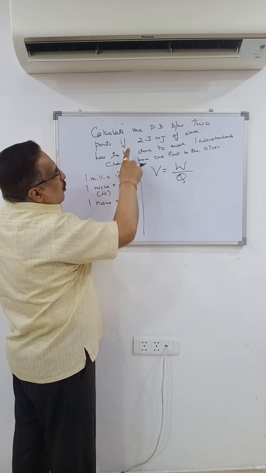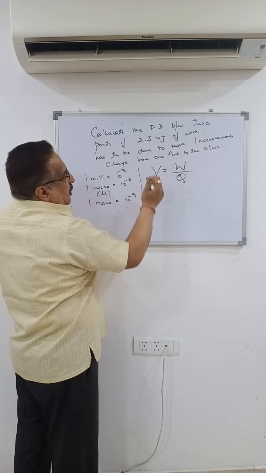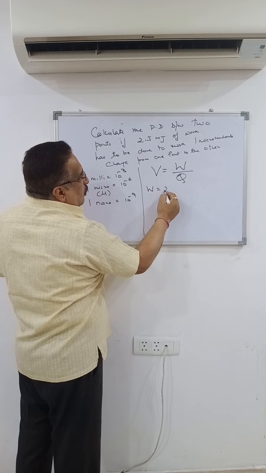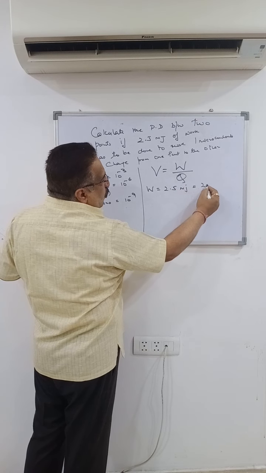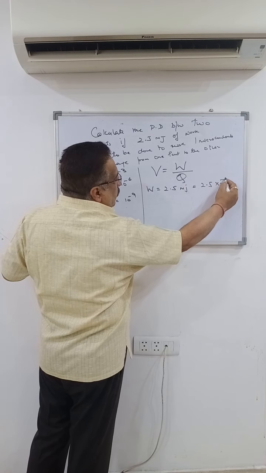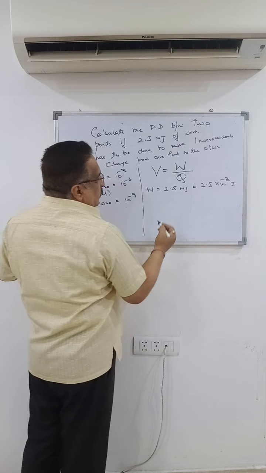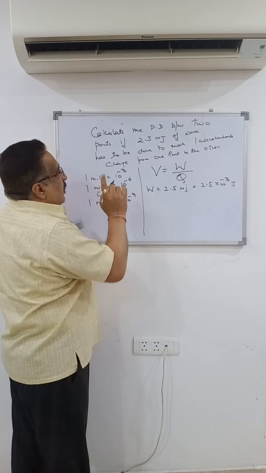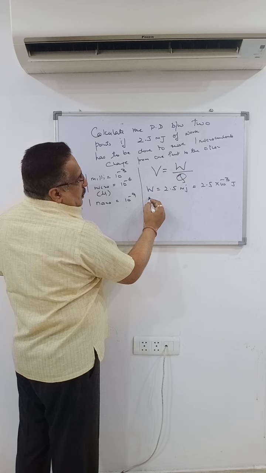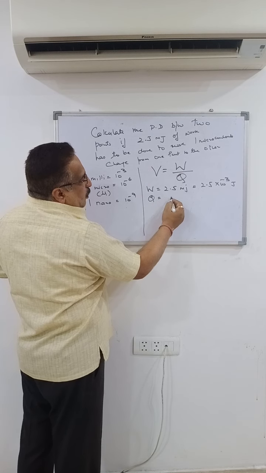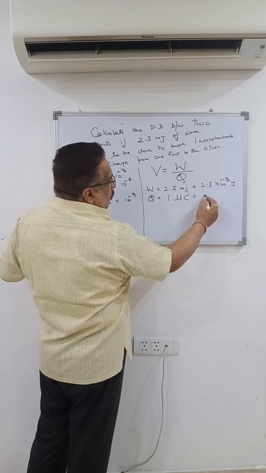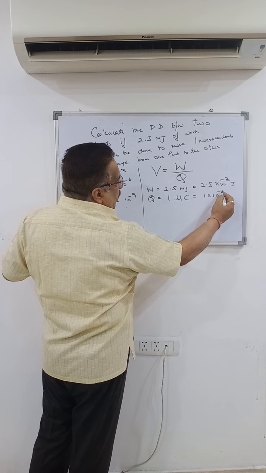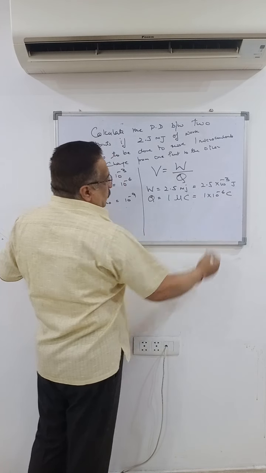What is given to you? Work. W is equal to 2.5 millijoules is equal to 2.5 into 10 raised to power minus 3 joules. Okay. Second is charge. Q is equal to 1 microcoulomb. That is equal to 1 into 10 raised to power minus 6 coulombs.